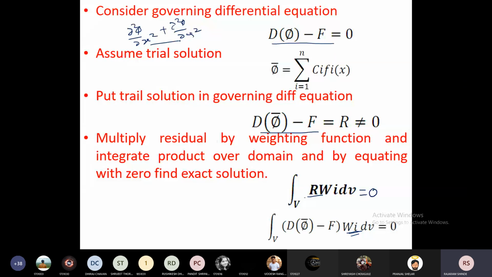If it is a partial differential equation, then the variable is also partial, x and y. Now for simplicity I will take only one variable, that is an ordinary differential equation. Suppose this is one ordinary differential equation.